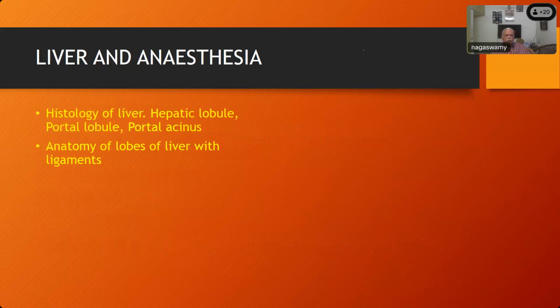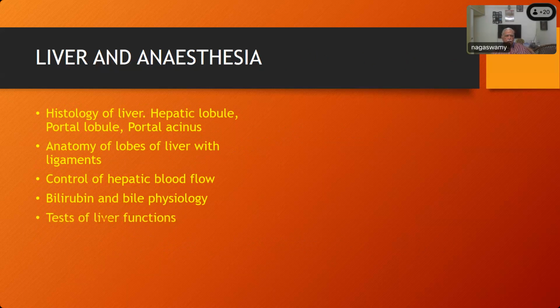And so, what you have to know is histology of the liver, anatomy of lobes of the liver with ligaments, control of hepatic blood flow, bilirubin and bile physiology, tests of liver function, and role of the liver in drug metabolism.